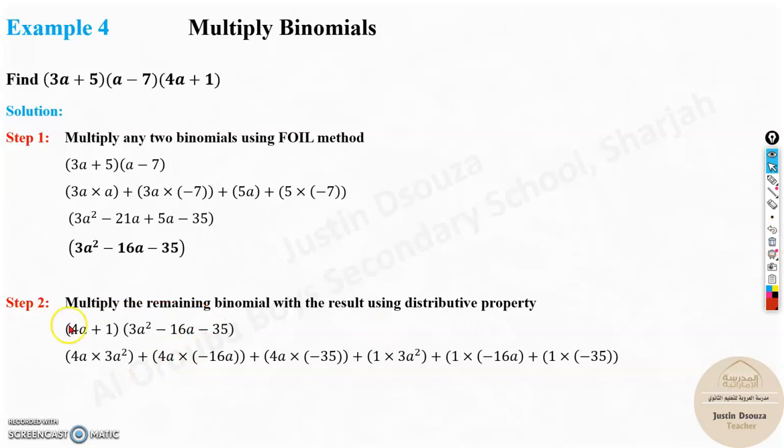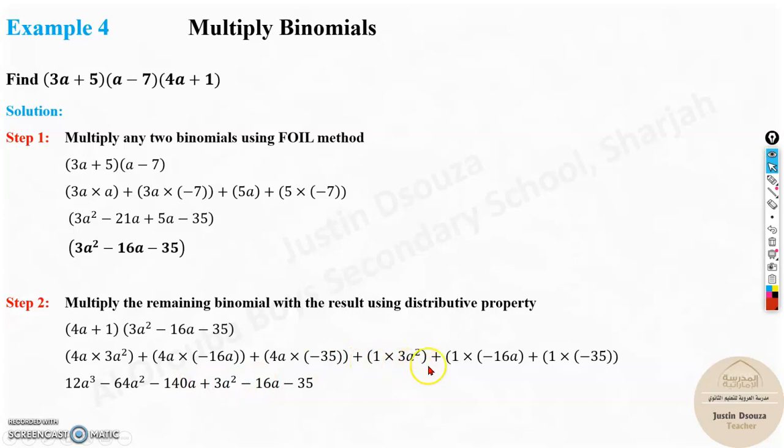Now all you need to do is simplify this. 4 times 3 is 12a cubed. Now 4 times minus 16 is minus 64. A times a is a squared. Now minus 35 times 4 is minus 140. A is the only variable.